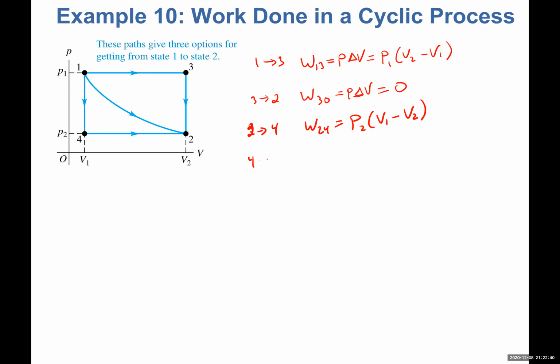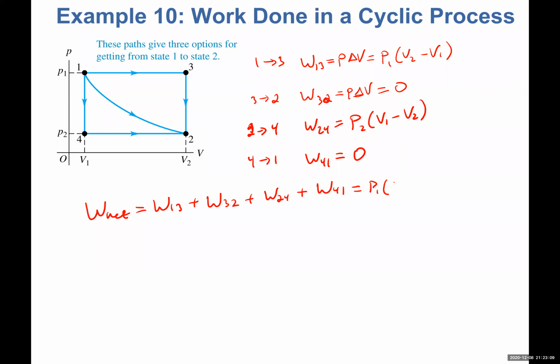And going from 4 to 1, the work done is again 0 because there is no change in volume. Then the total work done is equal to work done 1 to 3 plus work done 3 to 2, plus work done 2 to 4, and then plus work done from 4 to 1.